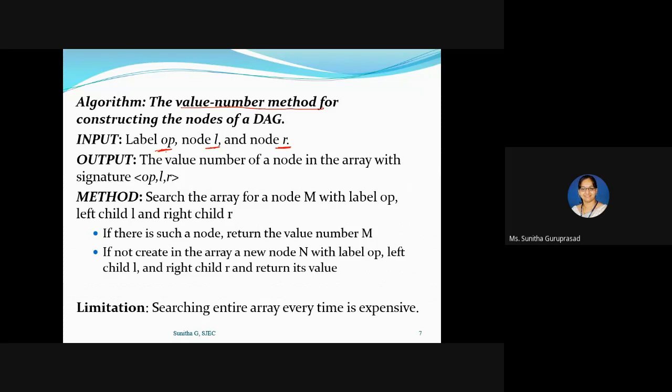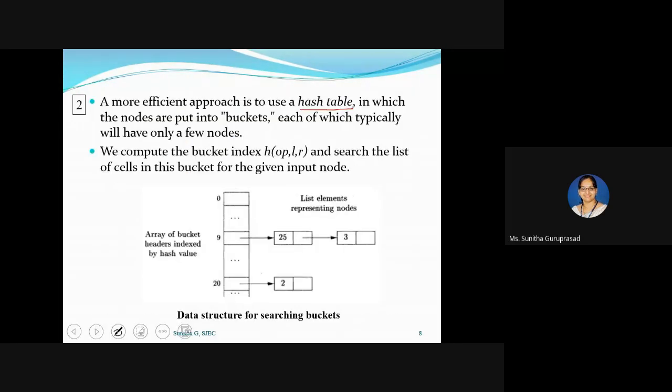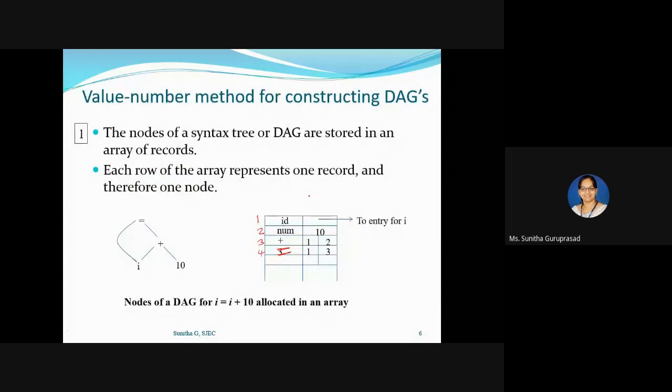So the value number of a node in an array will have a signature like this. Whatever array you get, it will be in the form OP, L, R. This is the output that we get: the operation code, then the left child and the right child.